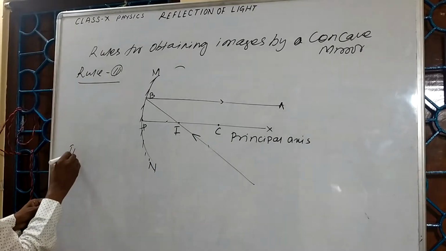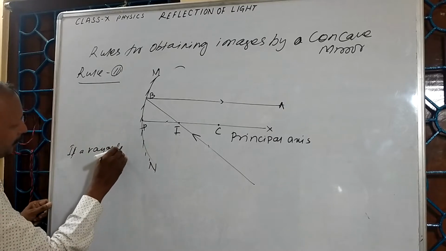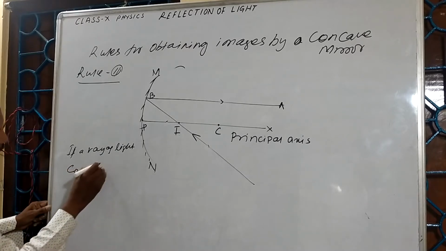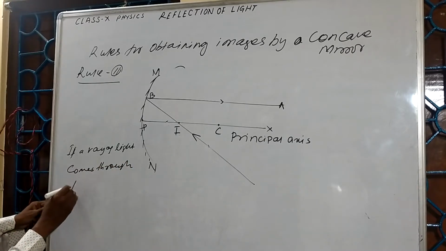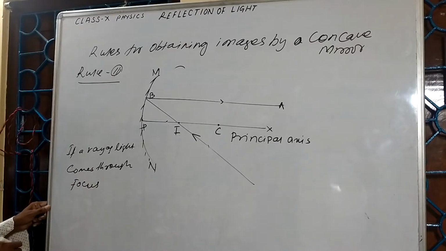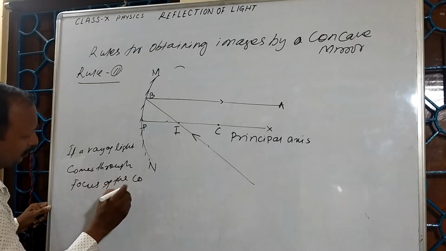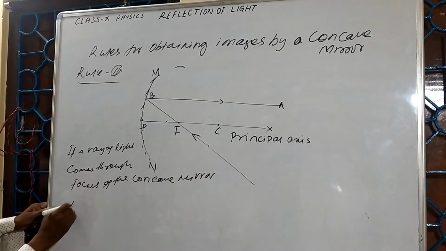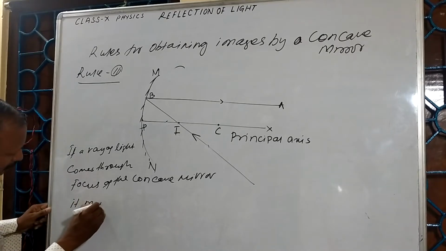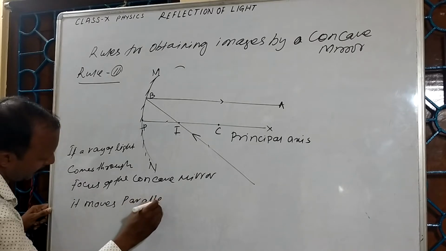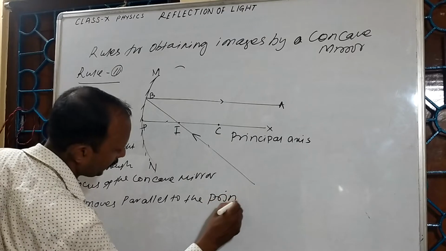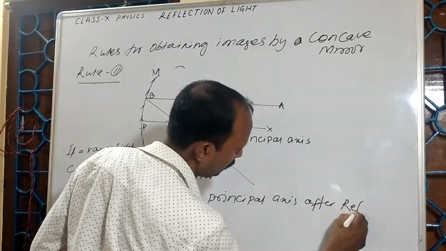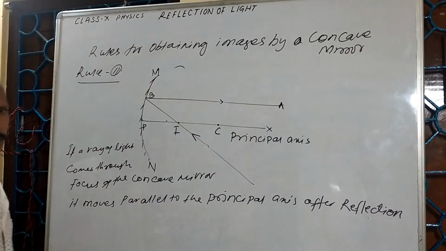If a ray of light comes through the focus of the concave mirror, it moves parallel to the principal axis after reflection, just opposite to the first rule.